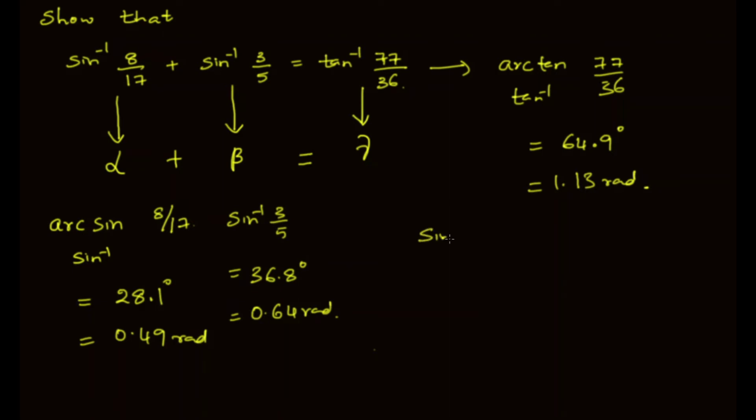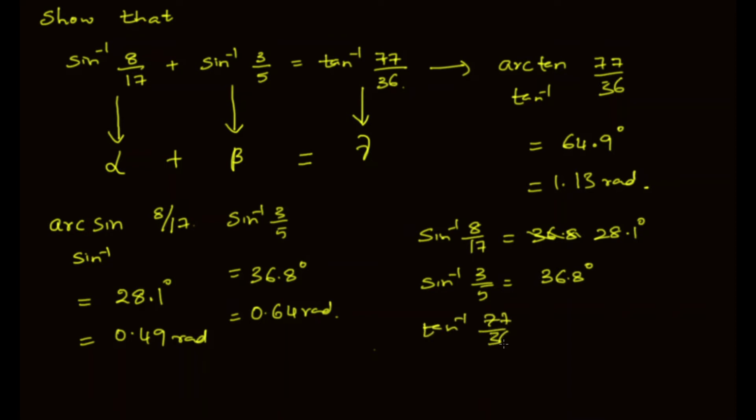Sine inverse 8 by 17 is, sorry, 28.1 degrees, sine inverse 3 by 5 is 36.8 degrees, and tan inverse 77 by 36 is 64.9 degrees.